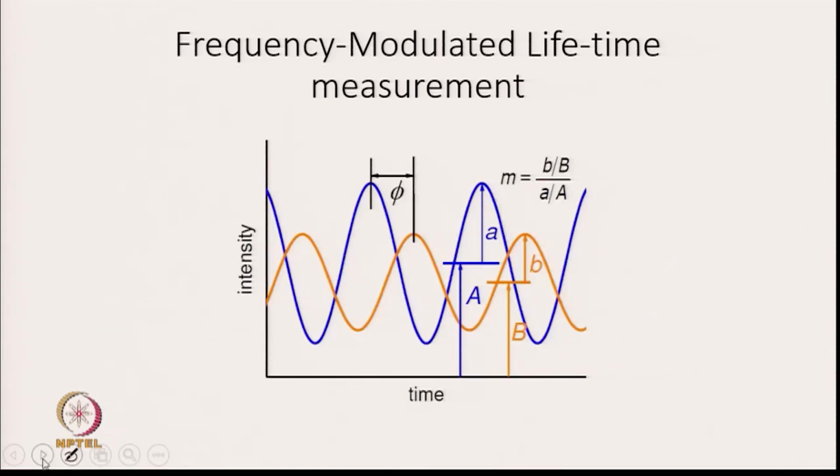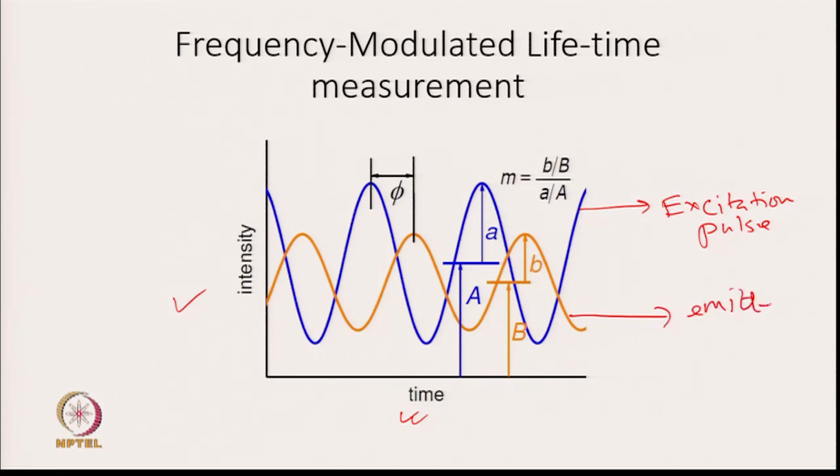So, this is your intensity versus time profile. This is your intensity modulated excitation pulse, and this is your emitted fluorescence.